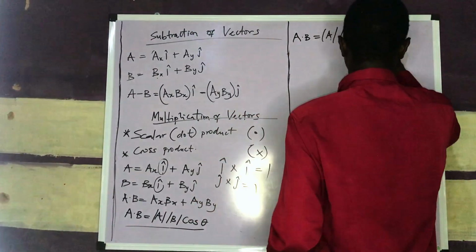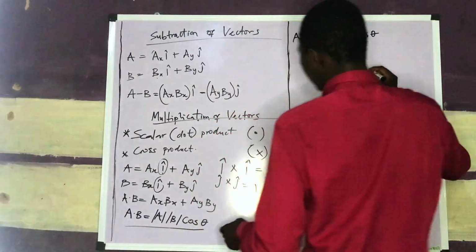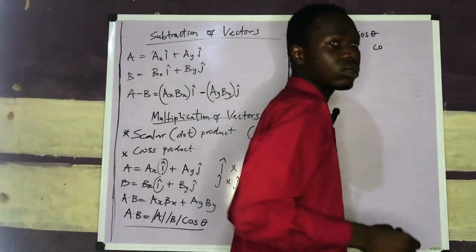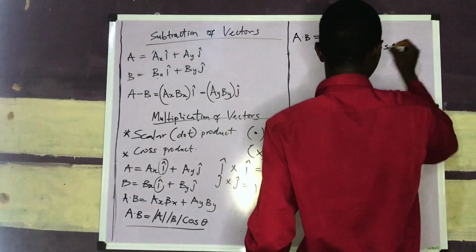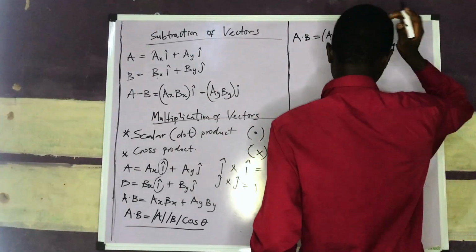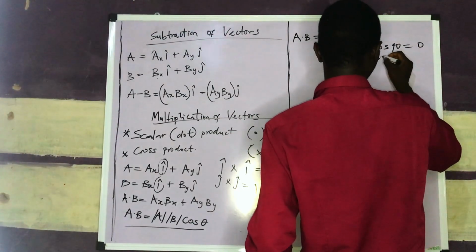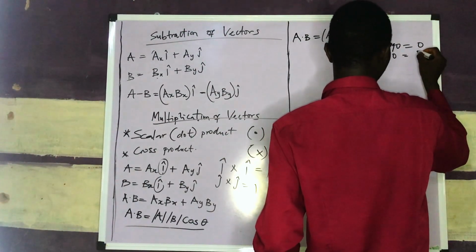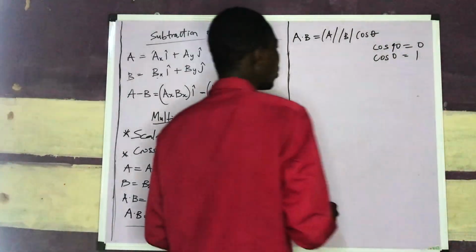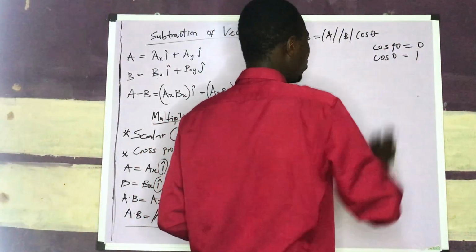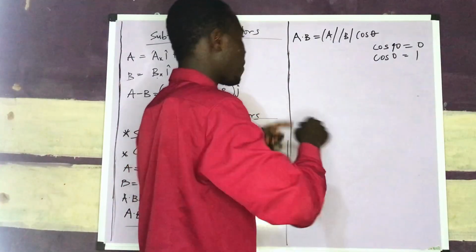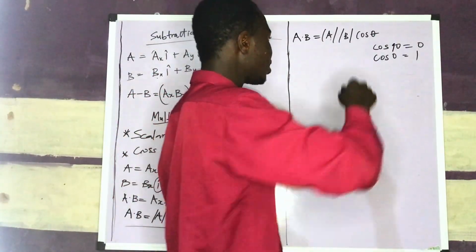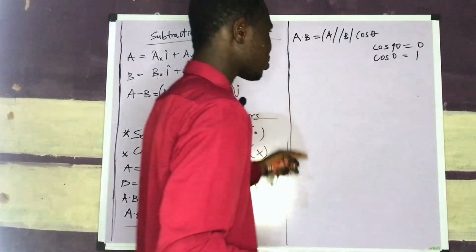Assuming this angle is 90, what's cos 90? Cos 90 is 0, while cos 0 is 1. So at angle 90, that is when these vectors are perpendicular.